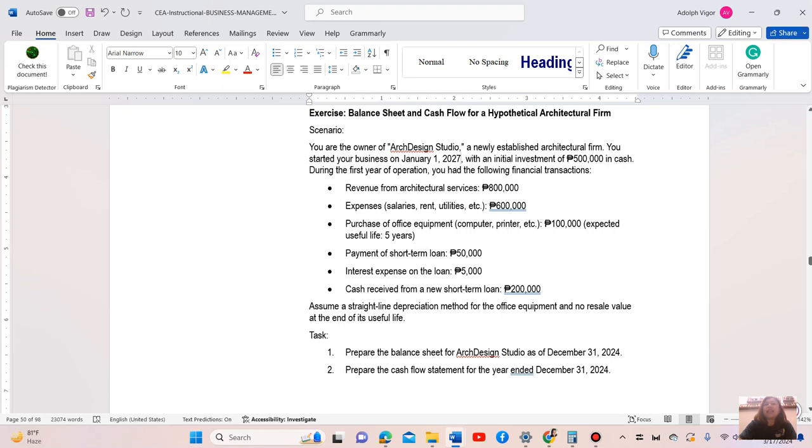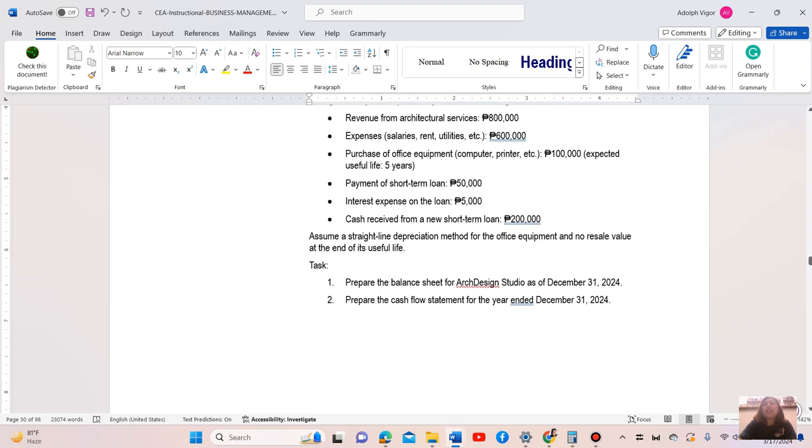So assume a straight line depreciation method for the office equipment and no resale value at the end of its useful life. So your task is, first, you prepare a balance sheet for Art Design Studio as of December 31, 2027, and you prepare a cash flow statement for the year ended December 31st, 2027.